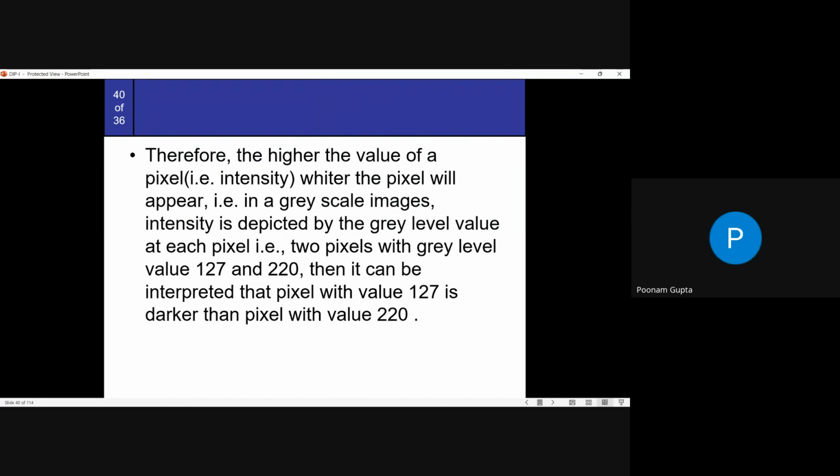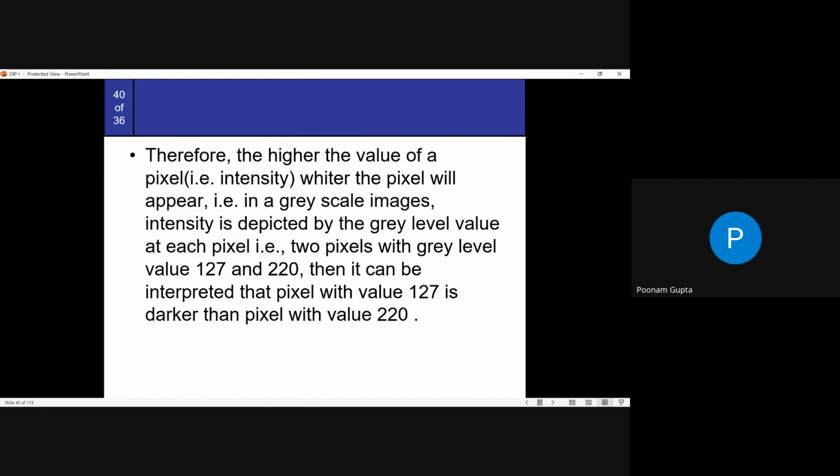Excuse me, sir. We have two measuring units, pixel per inch and dot per inch, right? Both are the same. Pixel per inch is dot per inch. They are not two, they are one, so we can use either. It doesn't bring any difference.